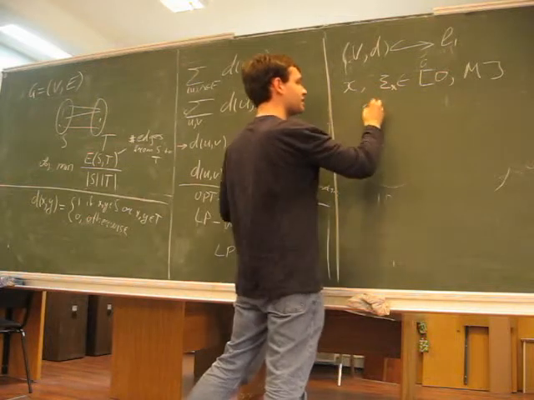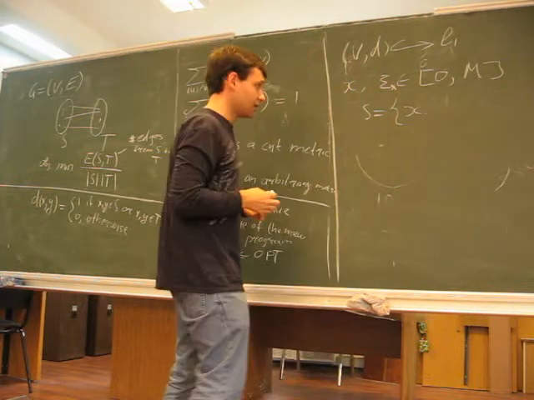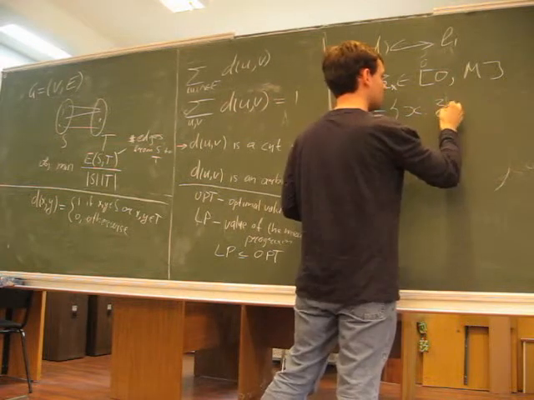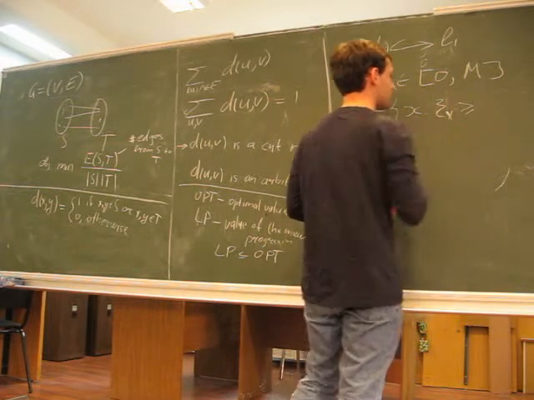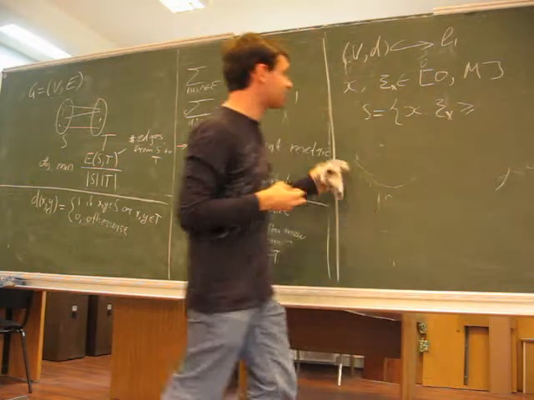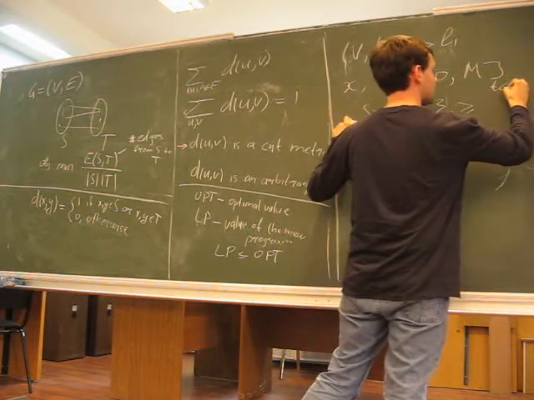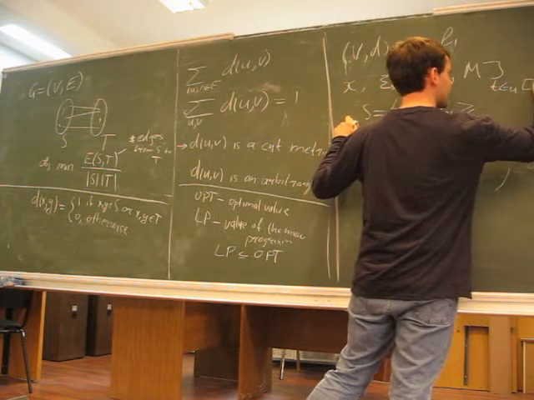So let S consist of those vertices for which Cx is greater than or equal to T, and now let's pick T uniformly at random between 0 and m.